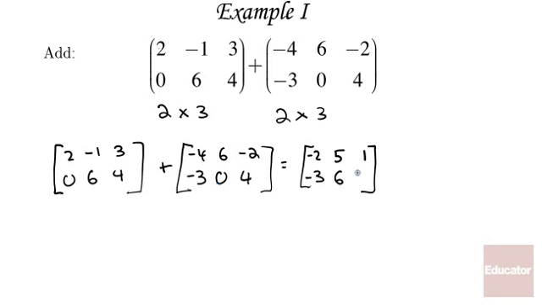And then 4 plus 4 is going to give me 8. So all I had to do to find the sum matrix is to add the corresponding elements of these two matrices to get the result.